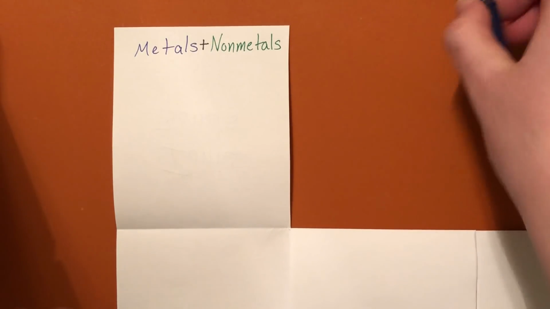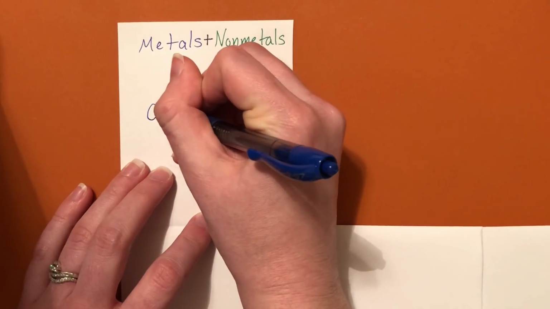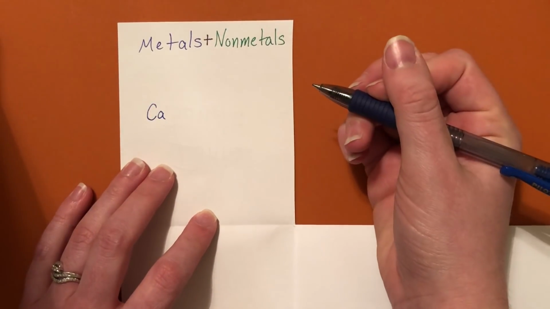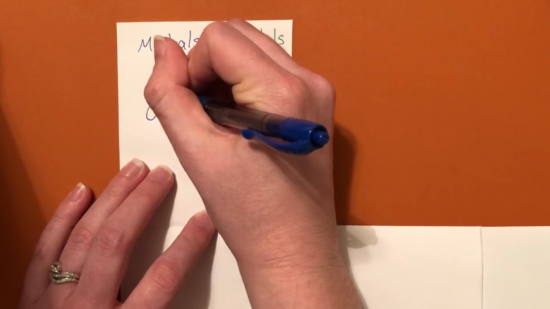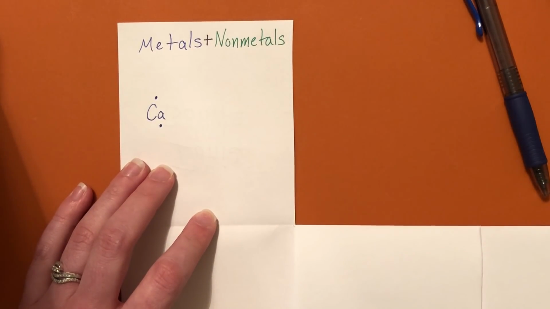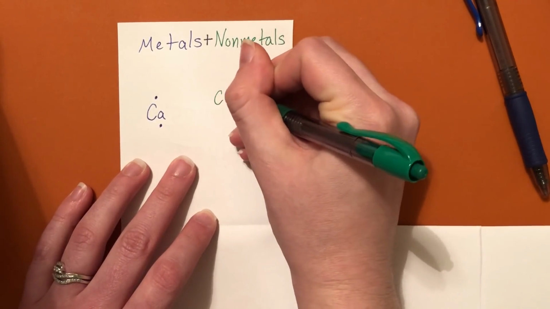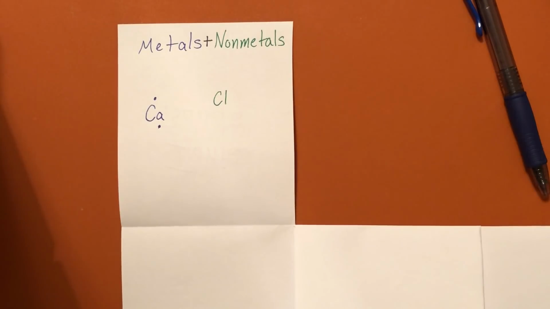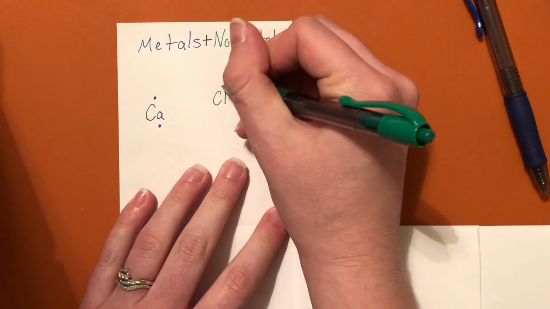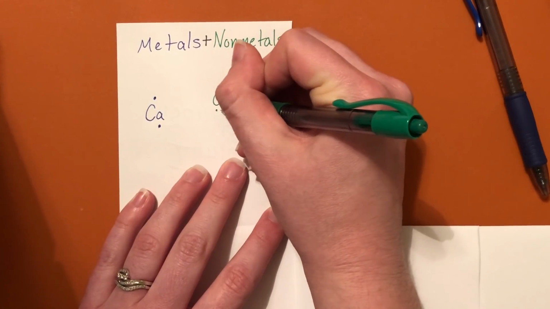So say, for example, I have calcium. Calcium has a chemical symbol of Ca. It has 2 valence electrons, and it has decided that it wants to bond with chlorine, Cl. Chlorine, we know, is in group 17, so it has 7 valence electrons.